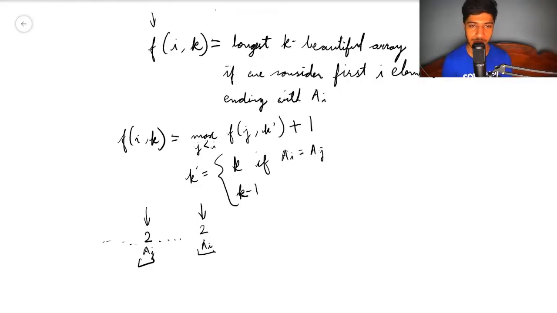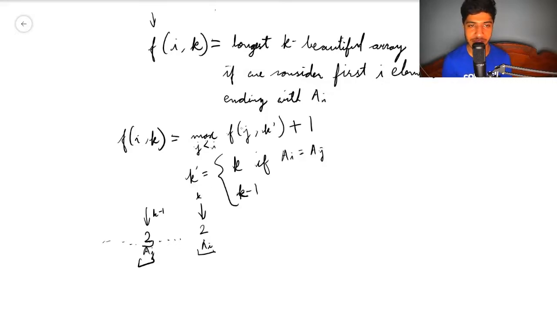Okay. So if it is equal, then till a_j it must be k-beautiful, and till a_i also it is k-beautiful. Now if a_i is, let's say, something like 3, then till a_j it must be k minus 1 beautiful, because if till a_j it's k minus 1 beautiful and then we add 3, it must be k-beautiful then.